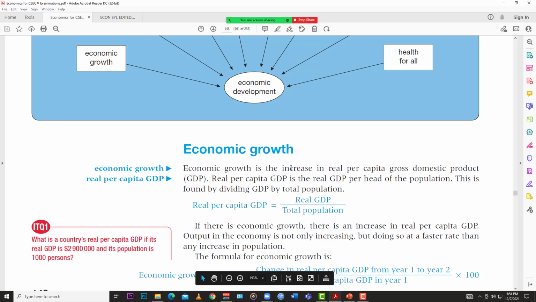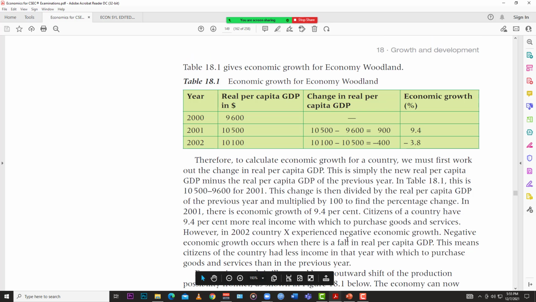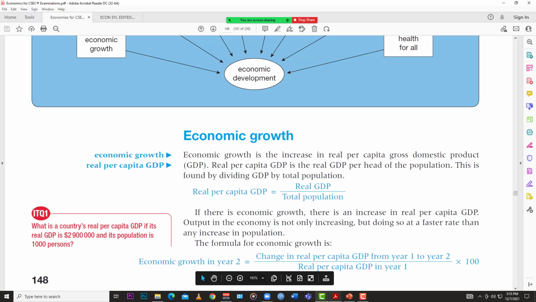So that's what economic growth really is. An increase in real per capita gross domestic product or GDP. Full stop. Right? It is an increase in real GDP. Or it could be a decrease, but like I said, negative. Because sometimes the nominal would tell you the economy grew, but the real would tell you a whole different story, right?